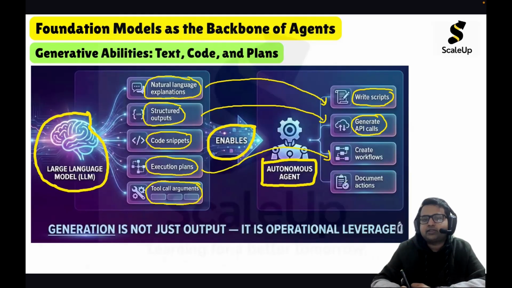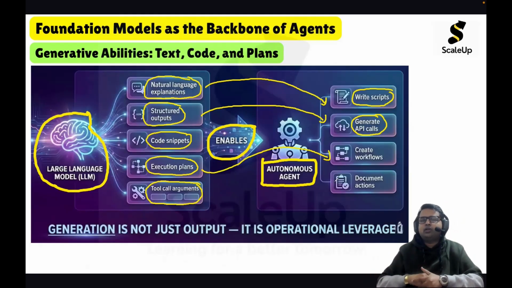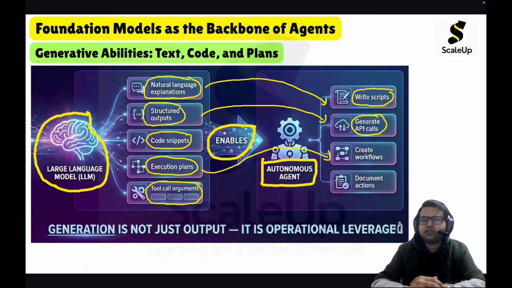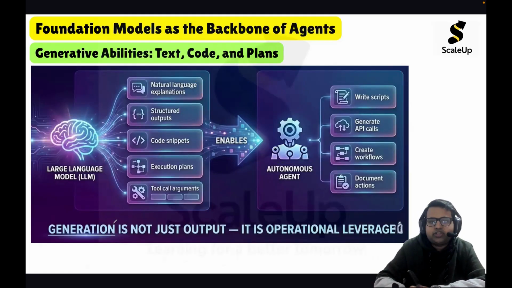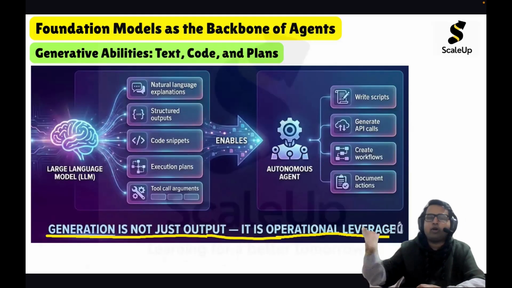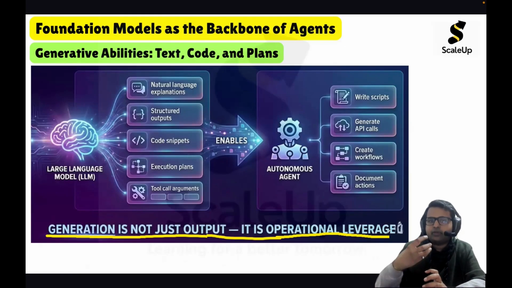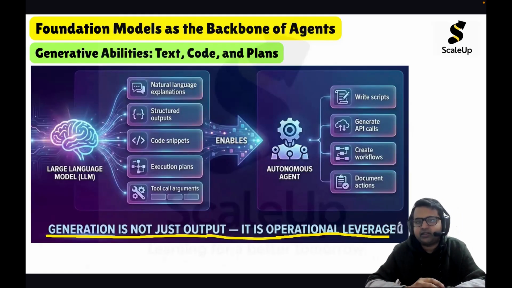To document actions, we can make use of the large language model. And many more. So autonomous agents can perform a diverse set of actions because of the generative abilities of large language models. Generation is not just output, it is operational leverage, because generation is not the end output; rather, we can make use of it midway as an operational leverage, wherein it can support true autonomy.